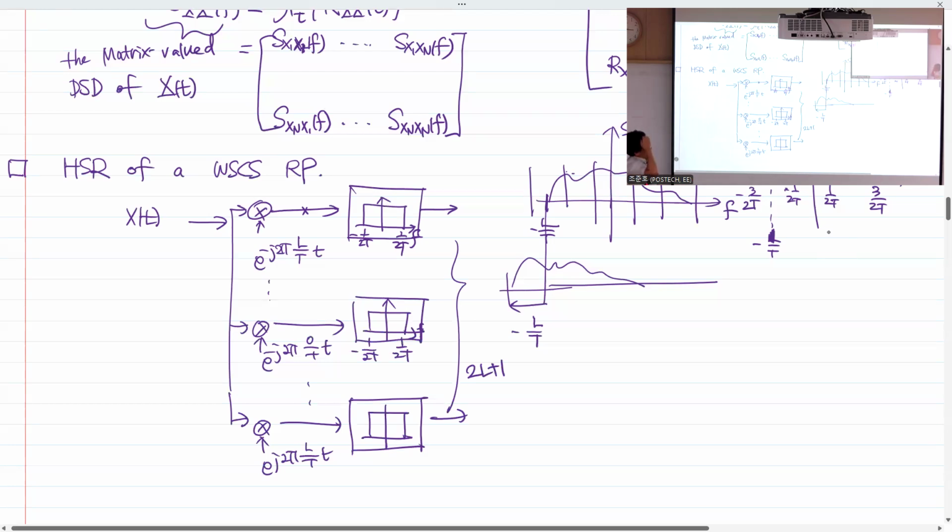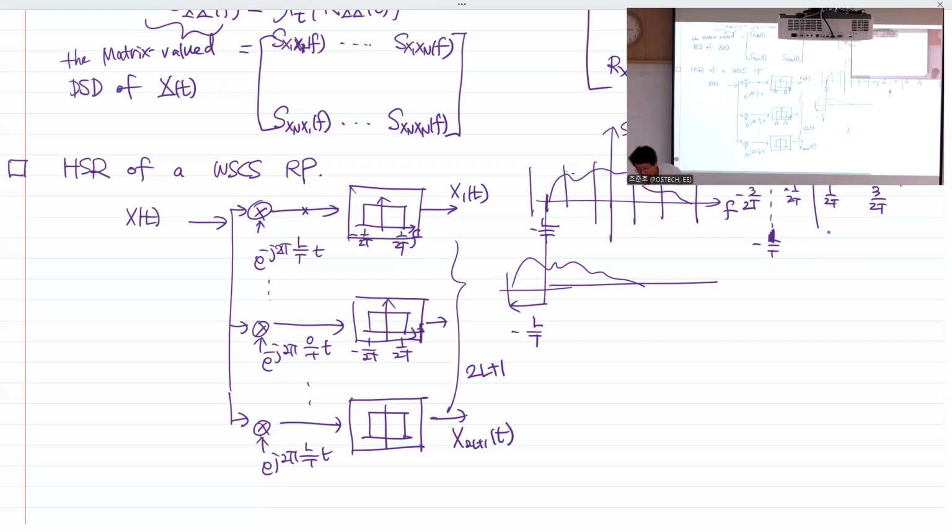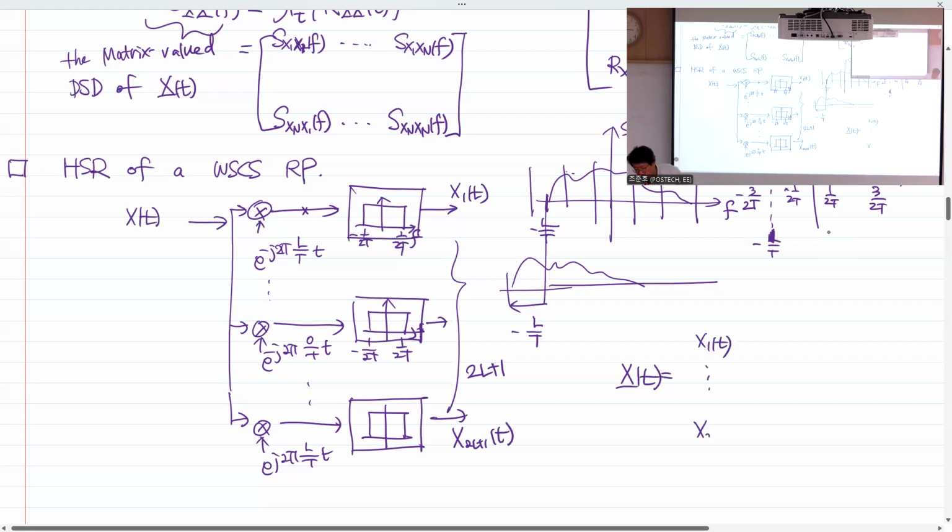And let's call this one, very confusingly, x1. We want to say x negative 1, but anyway, you have x_{2L+1}(t). Got it? And put them together in a single random vector. So x underscore of t equals x1 of t through x_{2L+1} of t.